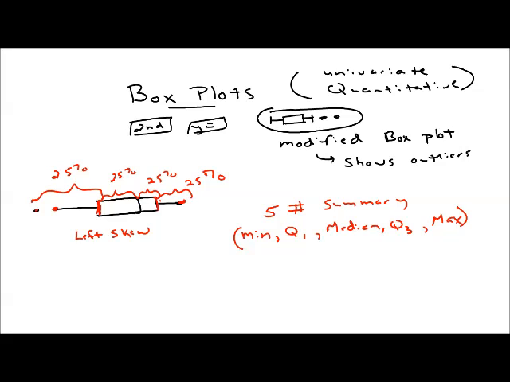Now look here in the box. This is Q1, this is Q3. What do we know about Q1 to Q3? That is the IQR, which is Q3 minus Q1. Interquartile range.